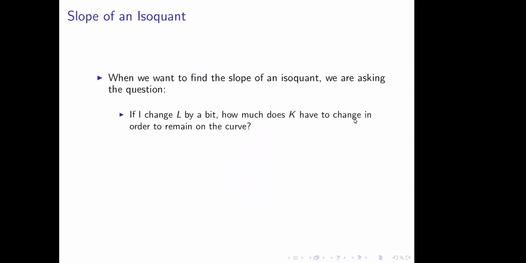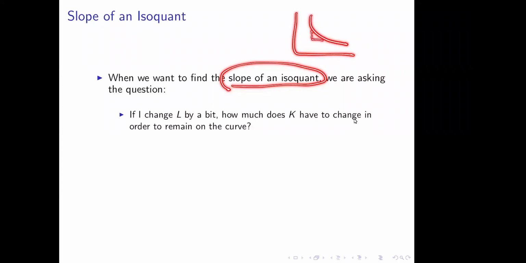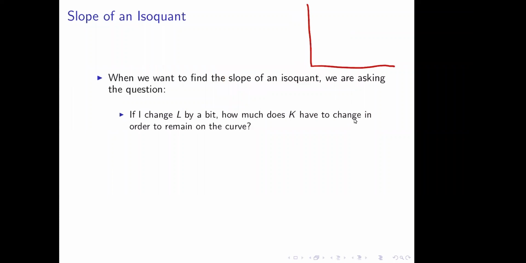Okay. So when we want to find the slope of an isoquant, that means we need to hold y, the amount of output, constant, because it's on the same isoquant. Let's say I'm looking from point A to point B and I want to compute the slope.